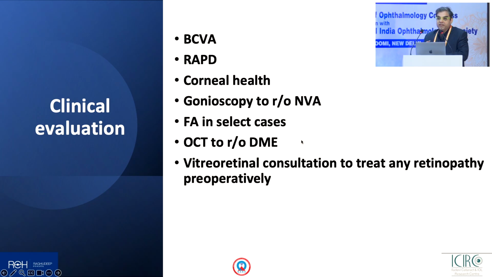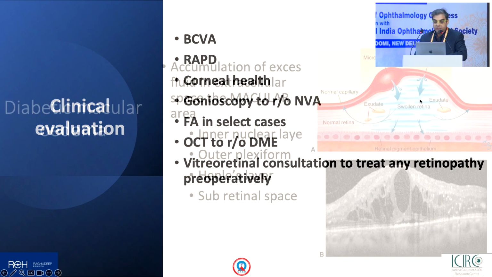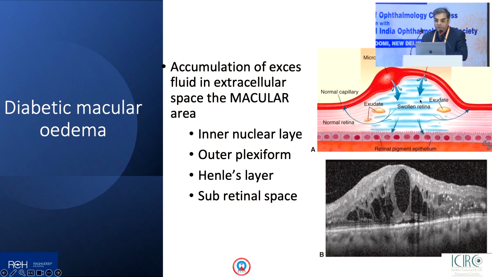You may get away with any injections you give, but if you give a steroid implant in a patient with proliferative diabetic retinopathy, then you can be in trouble. So the main thing to emphasize is to rule out neovascularization in the angles, and as our friends already said, we don't like to do gonioscopy much, so it is very imperative to join hands with a glaucoma colleague so that we can proceed in a proper way.